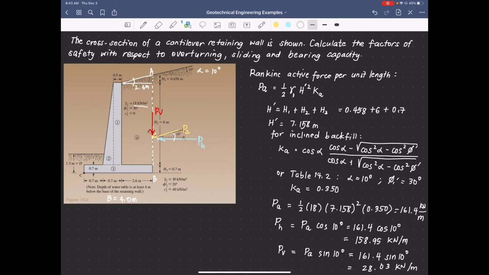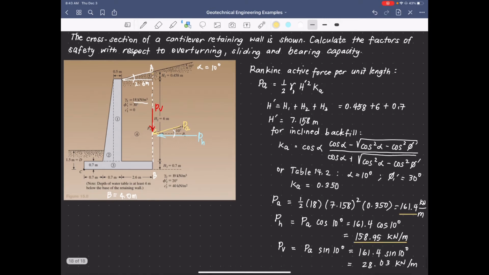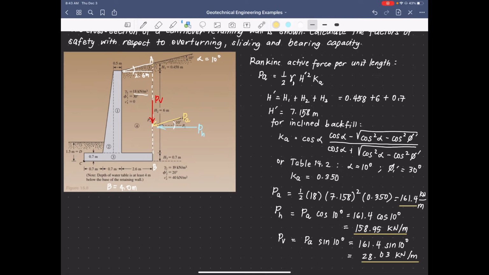Let us just take note of these values because we'll be needing them later on.